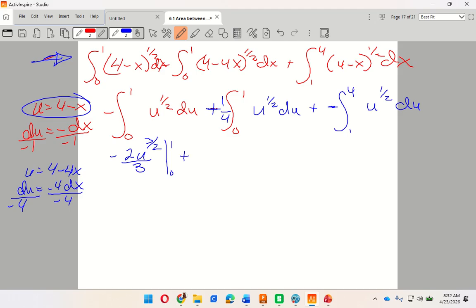This is going to be a plus sign, 1/4 u to the 3 over 2 times 2 over 3 times the 1 over 4 from 0 to 1. And this is going to become a minus sign, that is u to the 3 over 2 times 2 over 3 from 1 to 4.